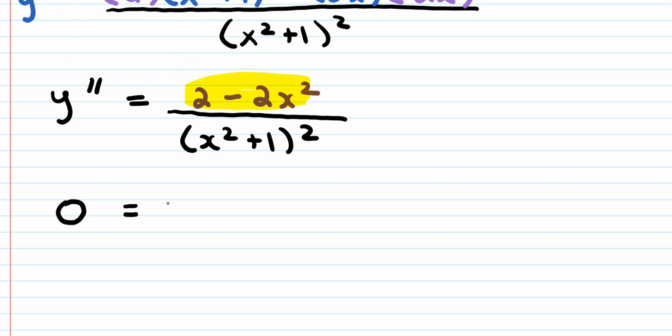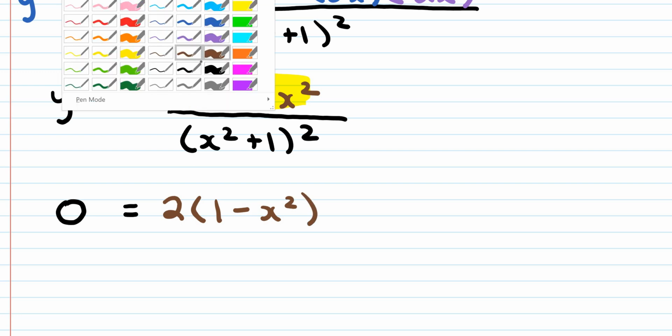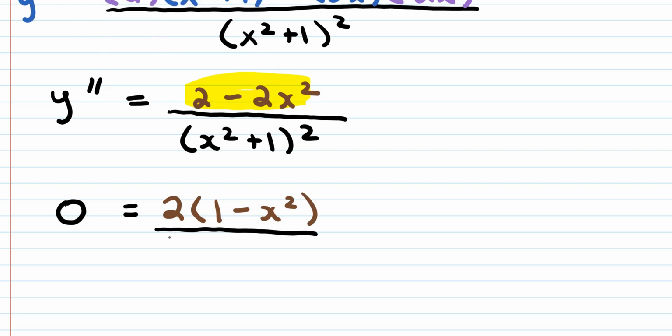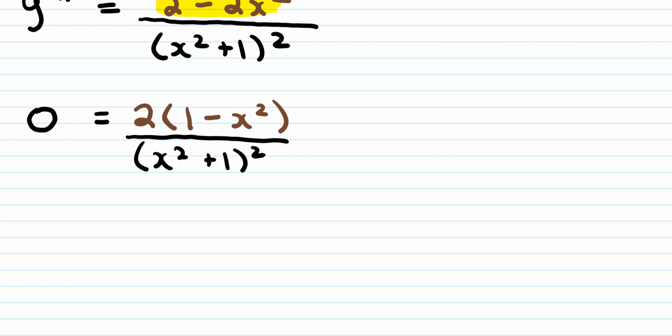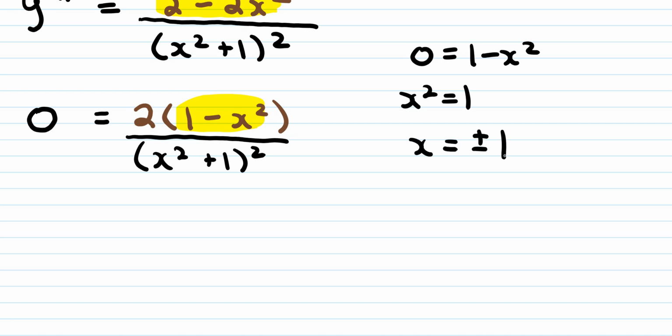There are a few ways you can do this, but I'll factor out a 2, and I get 1 minus x squared, divided by x squared plus 1 all to the power 2. From here, you need to be able to look at this and know that this part goes to 0 whenever you set it equal to 0. That means x squared equals 1, and x would equal plus or minus 1.